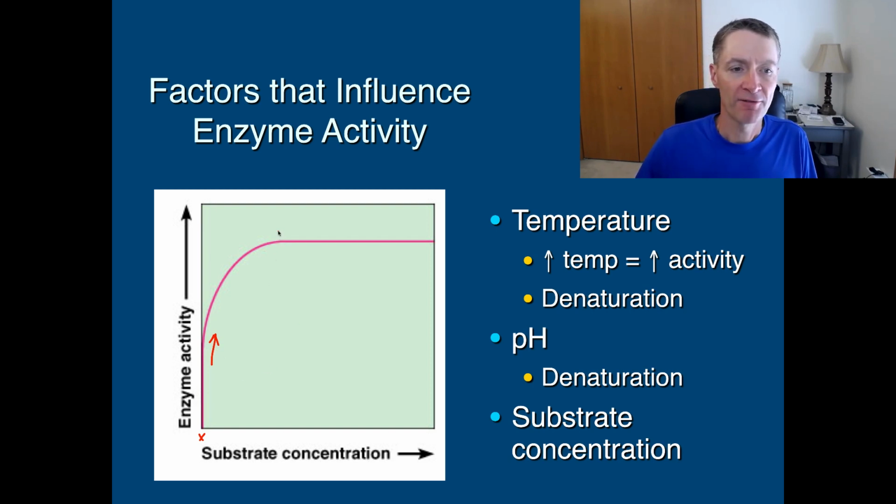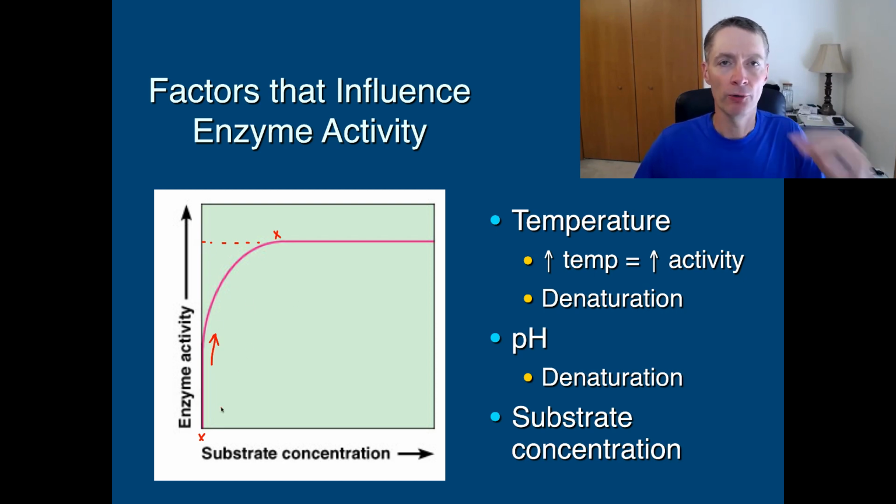Now in this graph, though, we reach a certain point where the enzyme activity cannot go any higher. And this would indicate that all of the enzymes are busy. All right, so let's say you have 100 enzymes, and we now put in 100 substrates for those enzymes to work on.